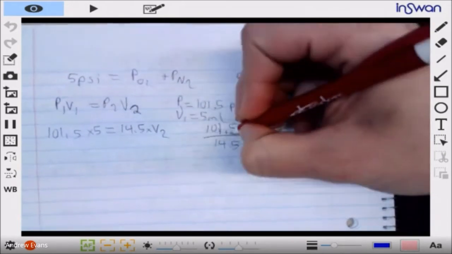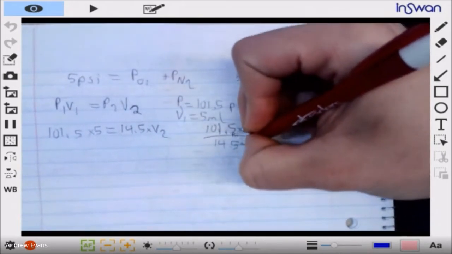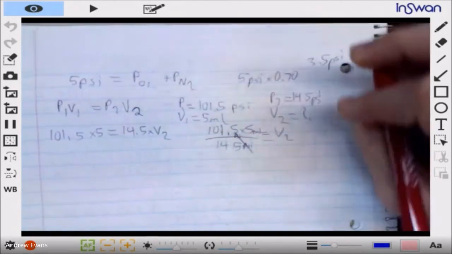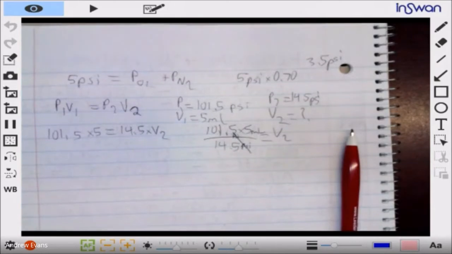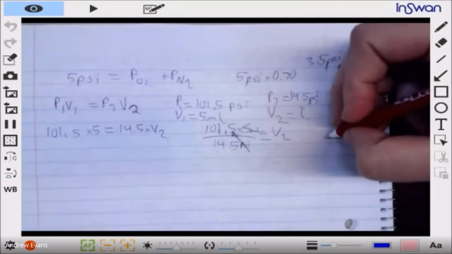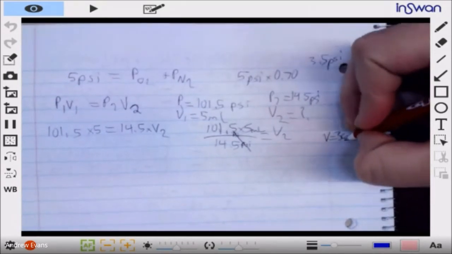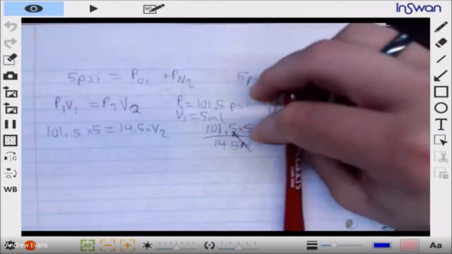So if that's psi, and that's psi, psi and psi cancel, and we're left with units of volume in milliliters. So what happens? The volume is now 35 mils.